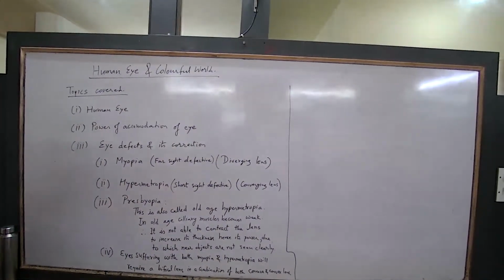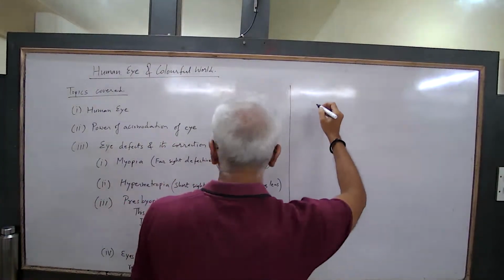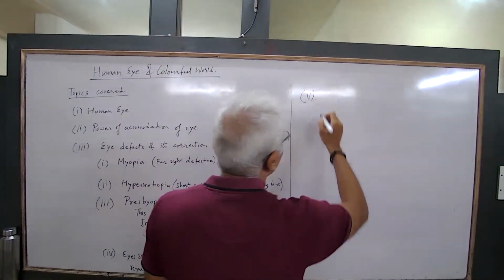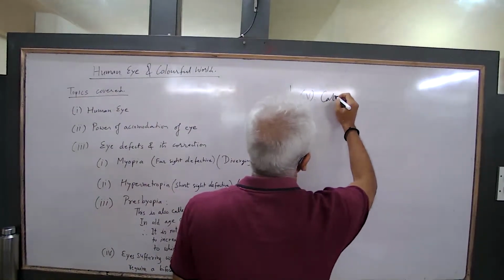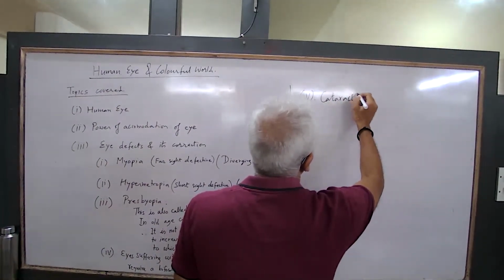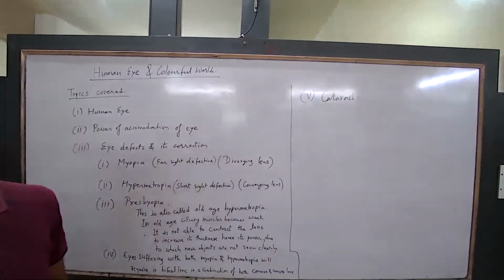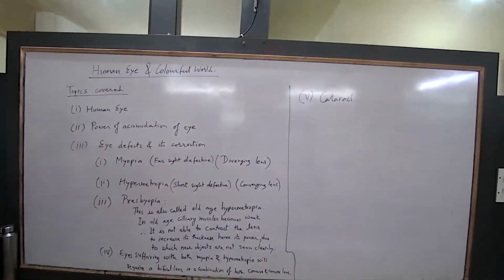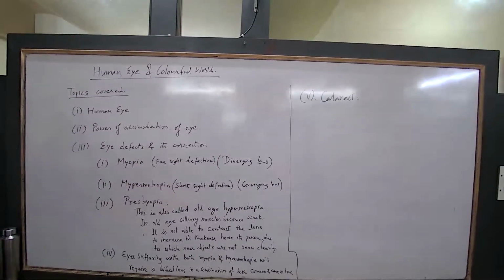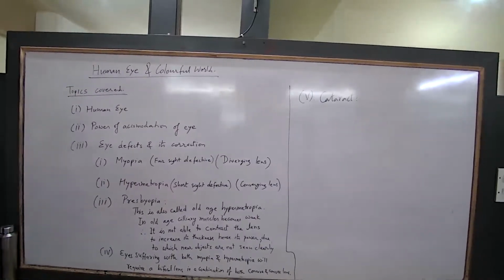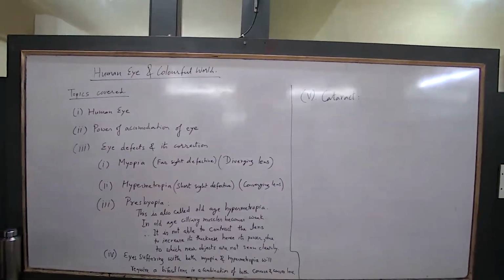Okay? Then fifth, last is cataract. What is cataract? The eye lens becomes milky and opaque. It is no more transparent, so light will not enter the lens.